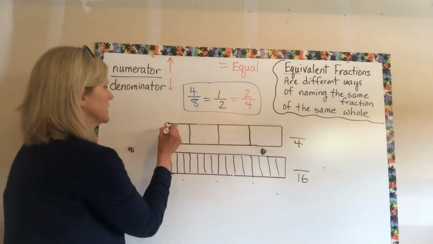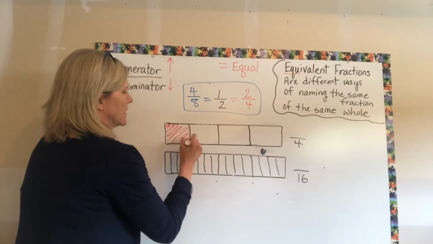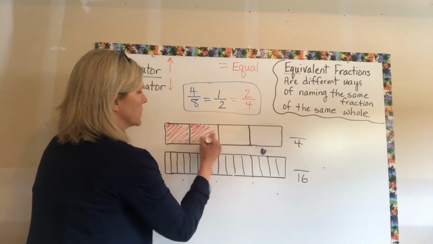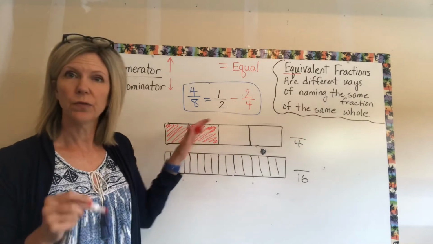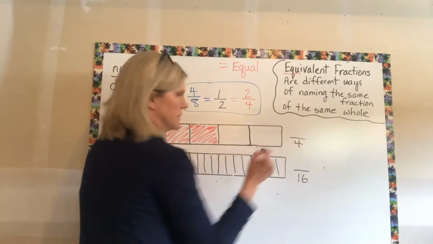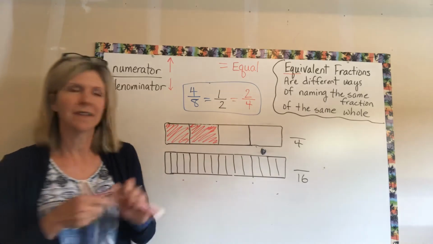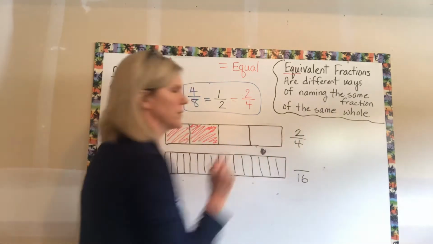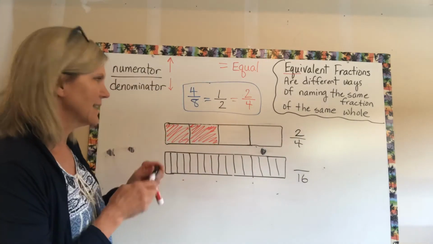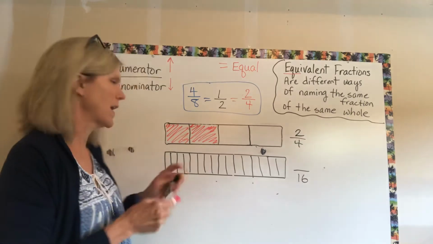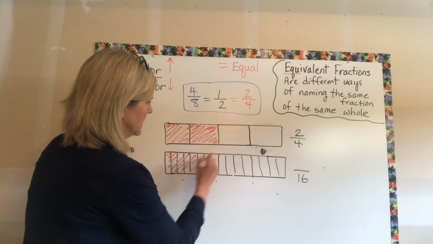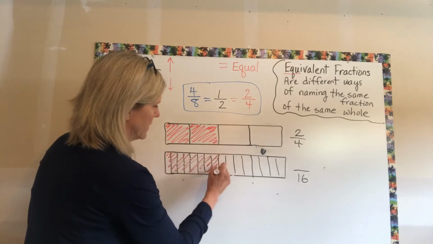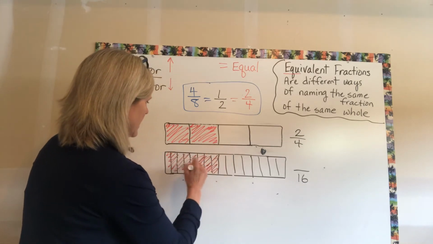Now let's shade some of this. Let's shade 2 of these. Okay, and so Miriam, what do we got here? We have 2 4ths, right? 2 of those. Okay, so we have 2/4, right? The exact same amount, the equivalent fraction, is going to go all the way to there, right?